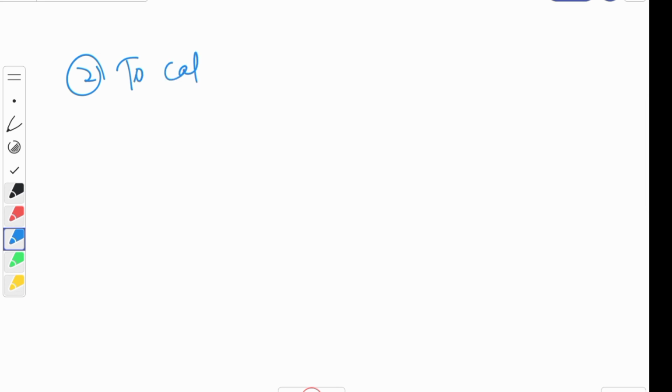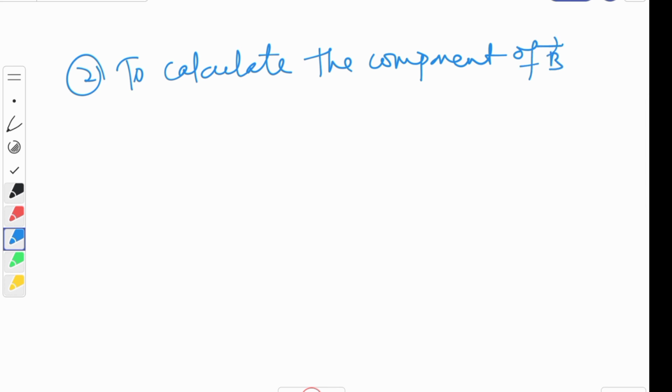Second application of this dot product is to calculate the component of vector B along vector A. Or the other way around, you can calculate the component of vector A along vector B also.